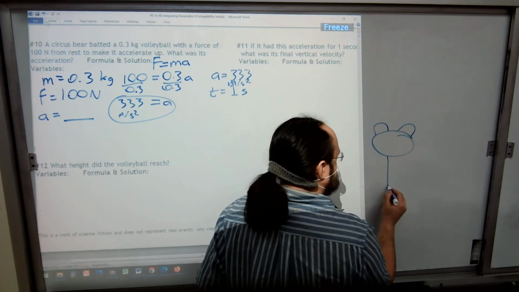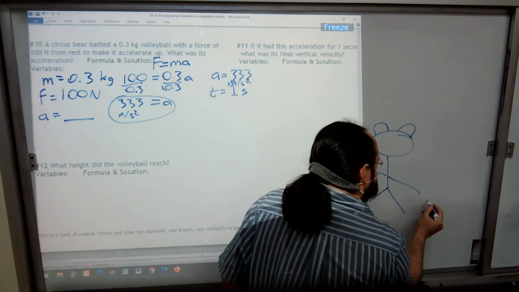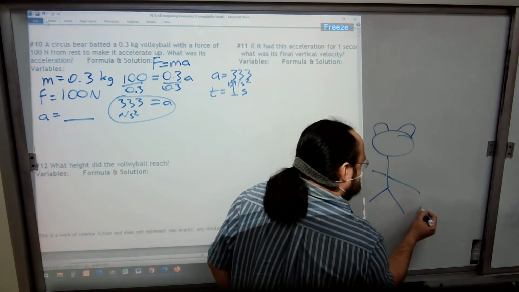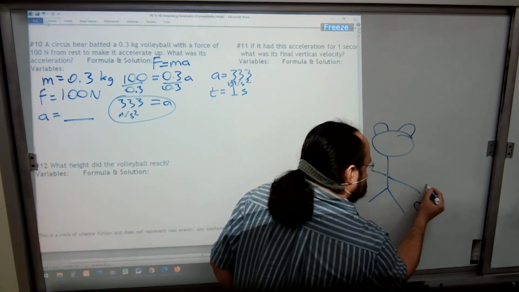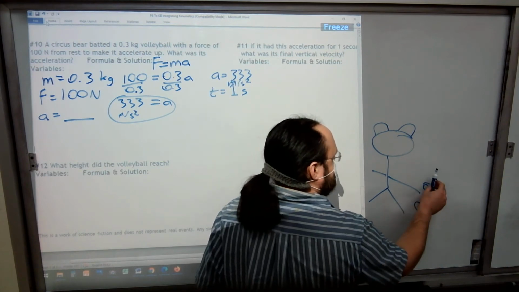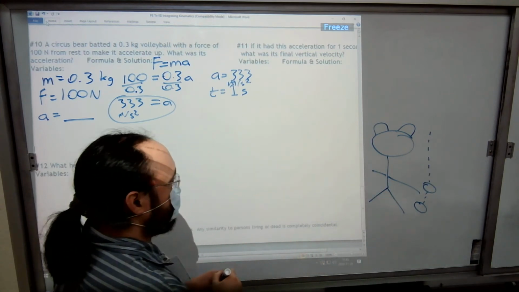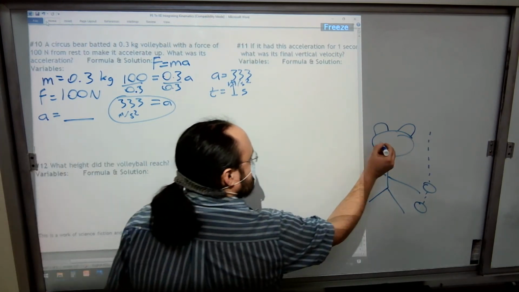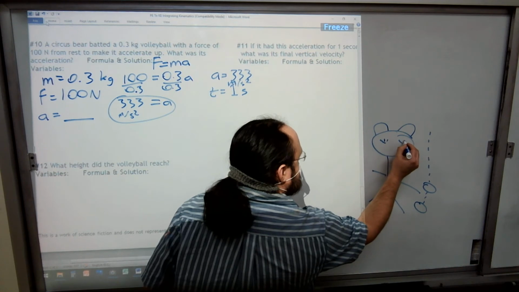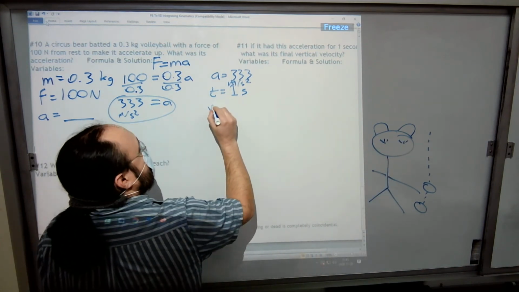The bear is hitting this volleyball and it's applying its force from about here to about here. And right here is where its final velocity is going to be 333, and then it's going to go up like that.